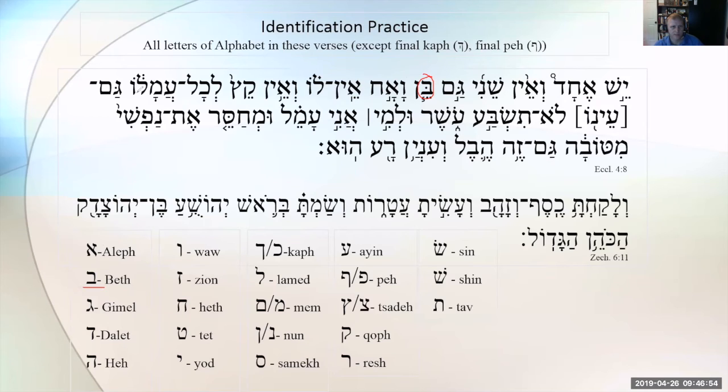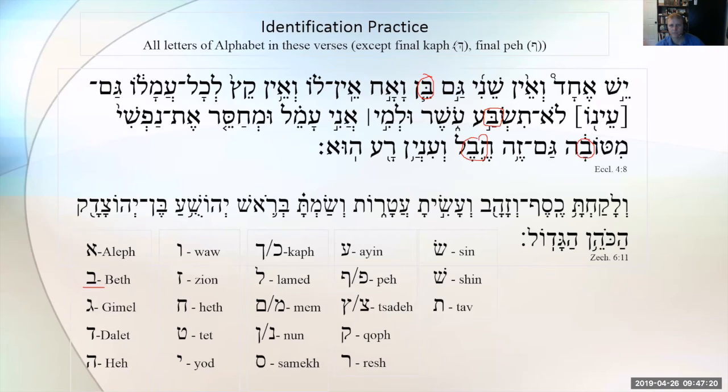Find the baits. I may be overlooking some. There's one. Some of them will have a dot in them. It's okay. Just ignore the dots for right now. We'll look at those. There's another bait. Every time you come to it, say bait, bait. You want to be able to name these as well.